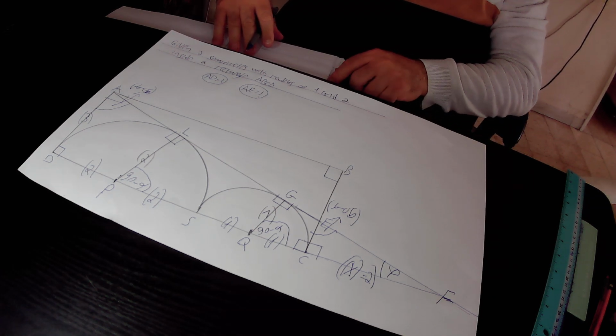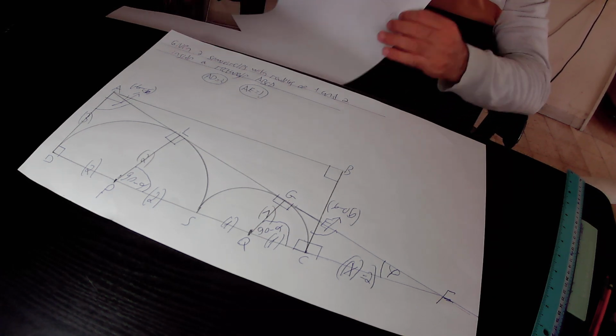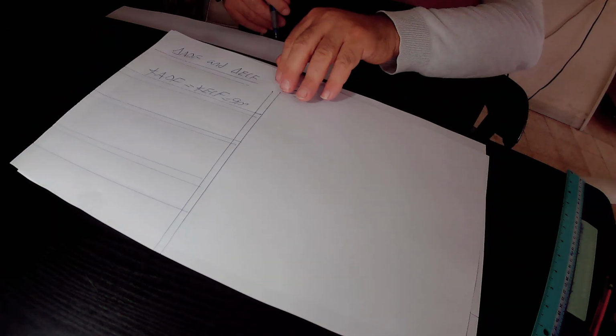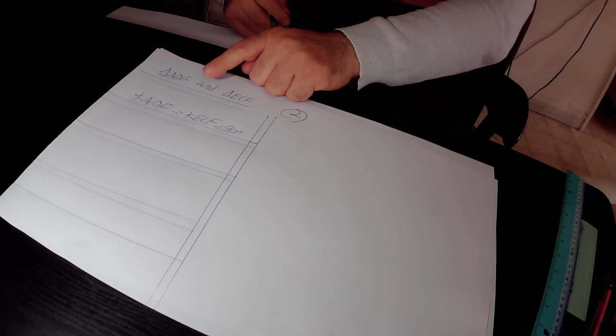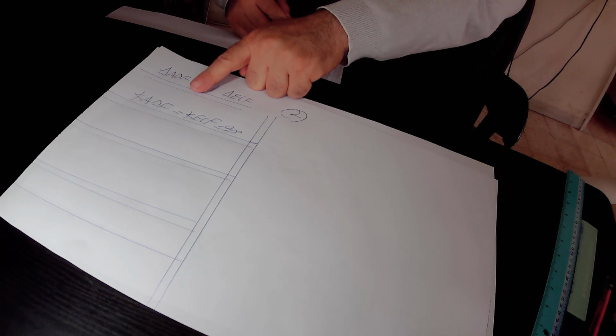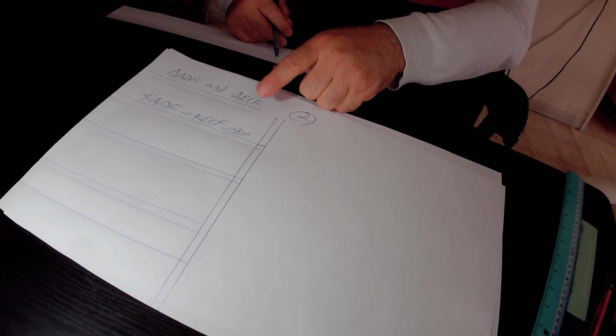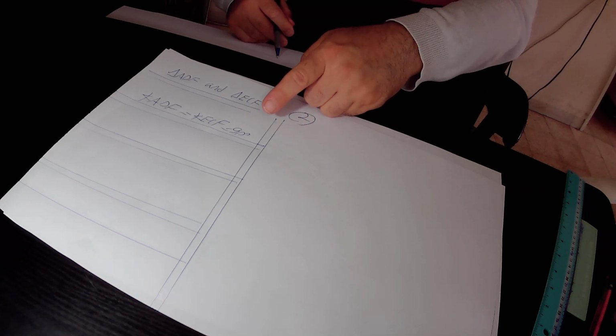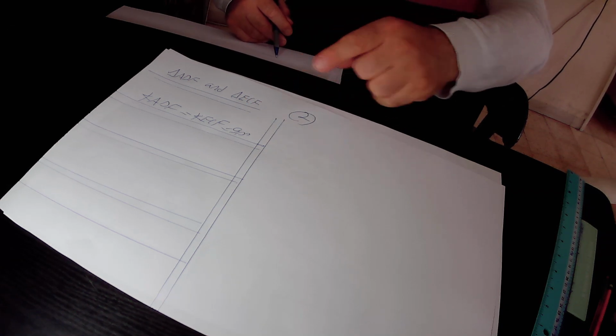Again, we found out that angle ADF in the big right triangle ADF equals angle ECF in the small right triangle ECF. They are both equal to 90 degrees and therefore they are equal to each other.